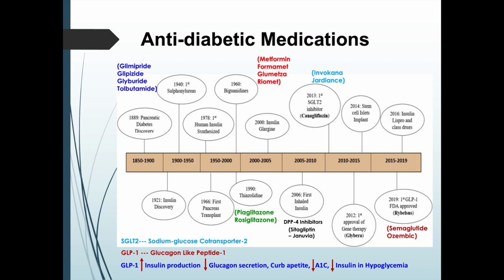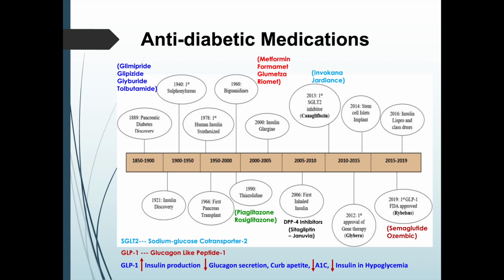They came up in 1990, and insulin, of course, in 2000, purified for injectables, and then in 2006 inhaled insulin, and in 2013 another group of compounds, sodium glucose transporter inhibitors, followed by DPP4 inhibitors and stem cell. So like this.